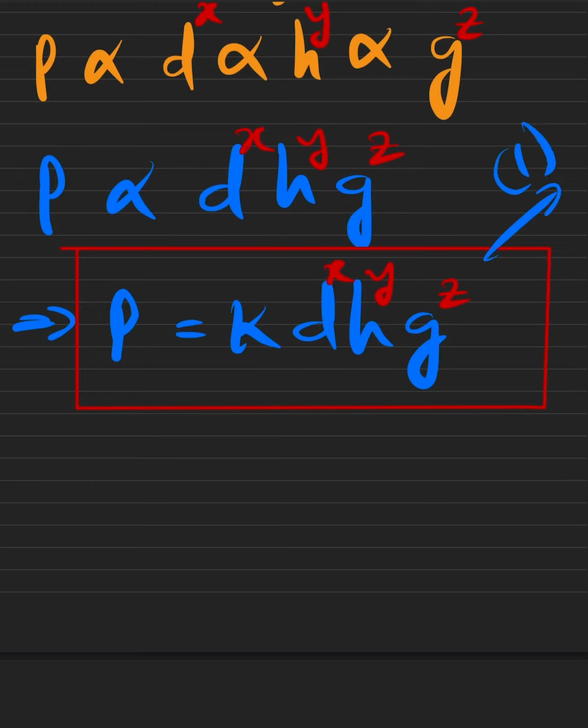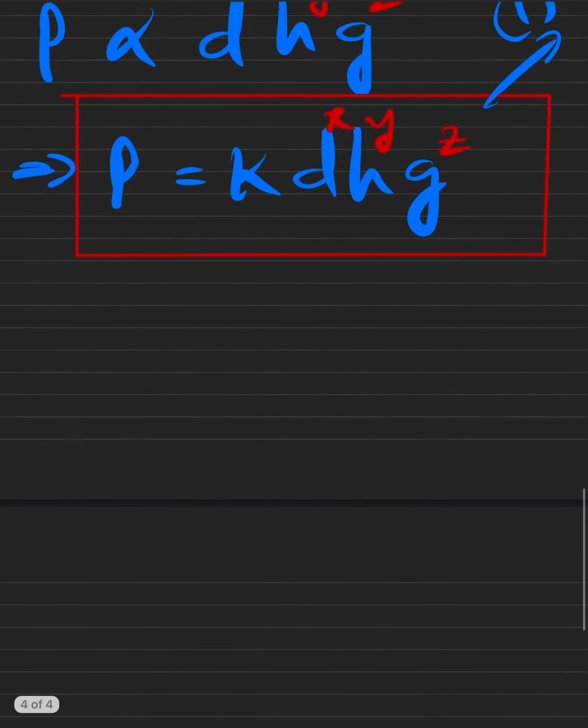Right? So good. From here now, there is a particular law we are going to apply right now. And that law is a law we call the principle of homogeneity. Principle of homogeneity.